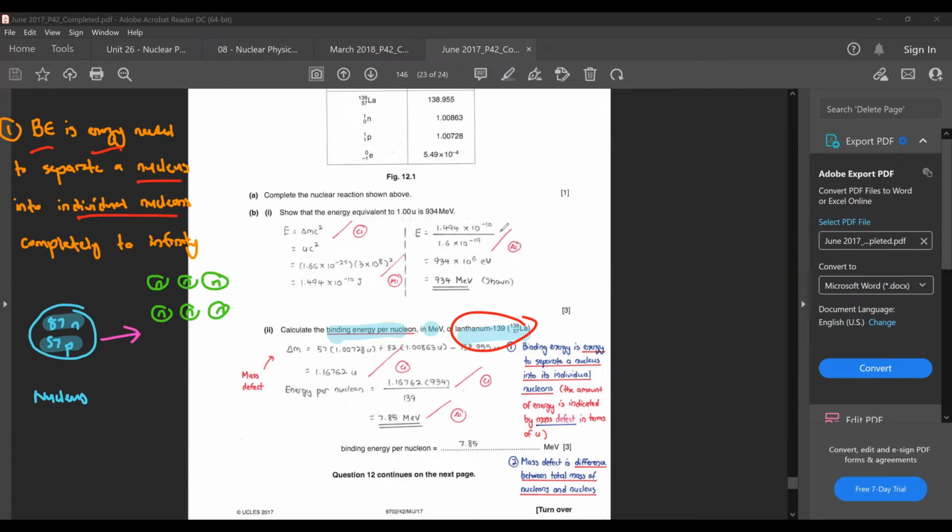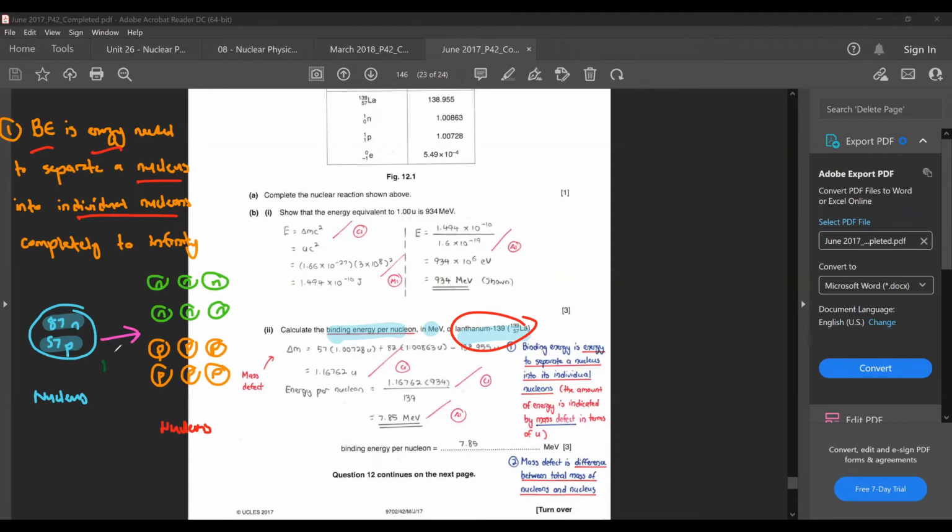Wait, let me just use the colors. If you want to separate the nucleus into the individual nucleons, like this, binding energy is the amount of energy that you have put in.